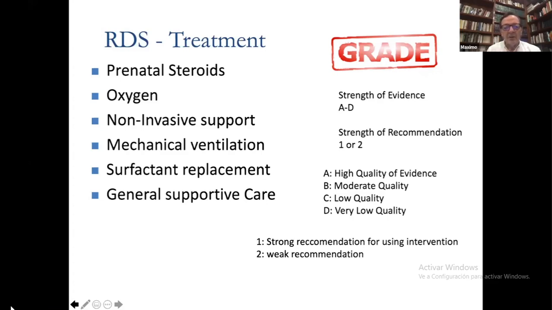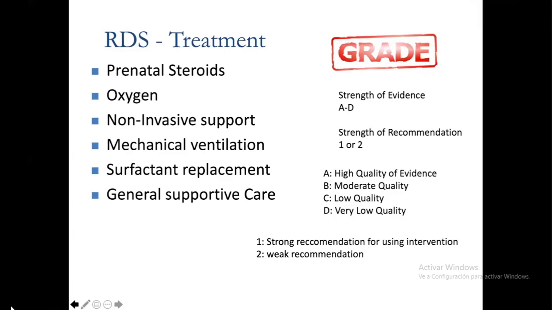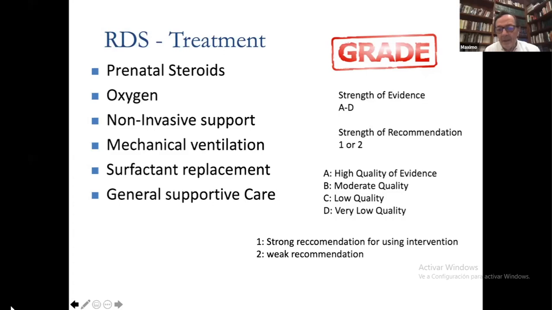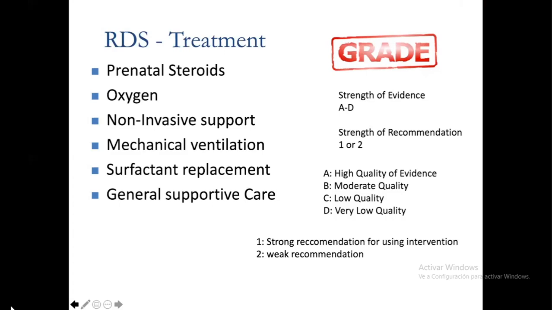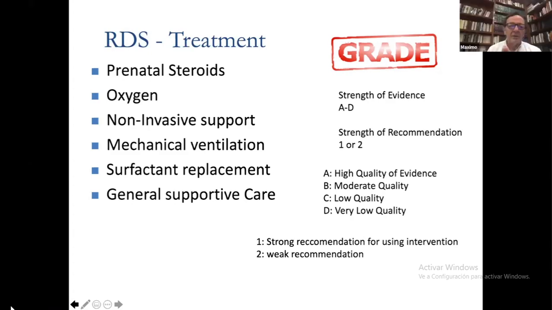It is important to underscore that many of the guidelines and many of the treatments that we are using in neonatology are not based on high evidence.